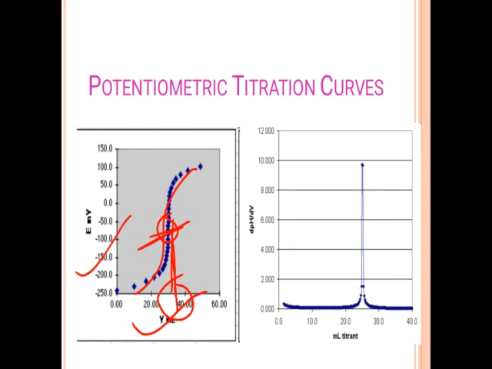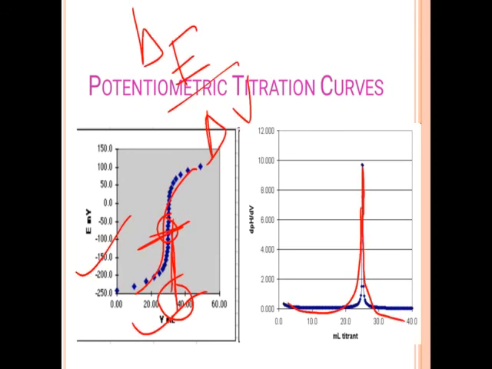In the second method, we plot a graph of delta E divided by delta V against the volume of titrant added. We get this type of graph, where there is a sudden change in delta E by delta V. At that point, the peak is nothing but the end point of the titration.